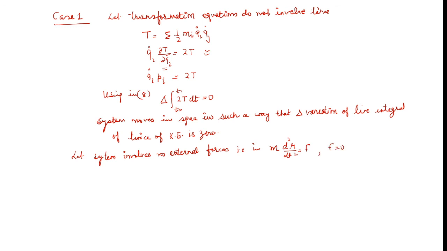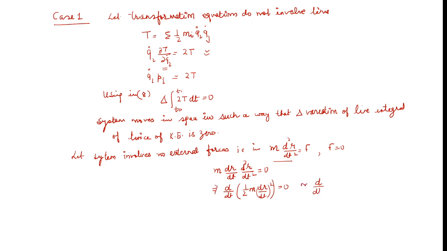I may write this as m d2r dt2 is equal to 0 because F is 0. Multiplying both sides by dr dt, this may be written as the derivative of half m (dr dt) square is 0.